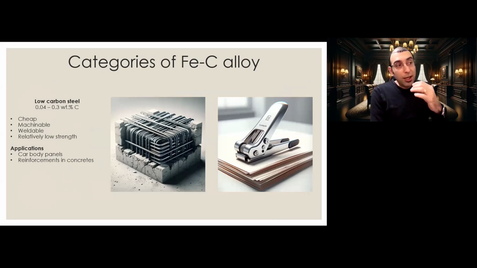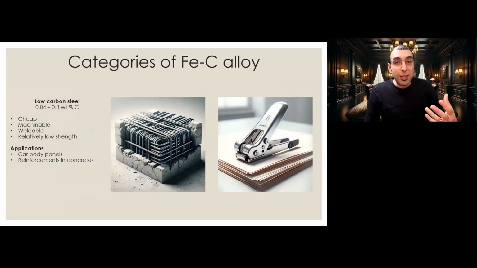So the first category is low carbon steel. When you add 0.0 to 0.3% of carbon to iron and you make steel, we call it low carbon steel. That's the most inexpensive version of steel, machinable and weldable, but compared to other types of steel with a higher concentration of carbon, we call it a relatively low strength steel.